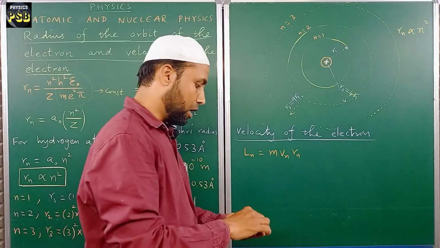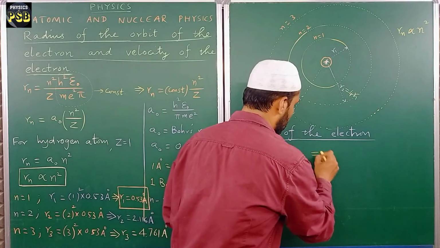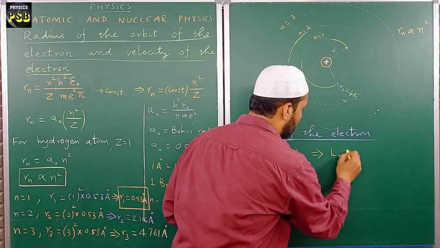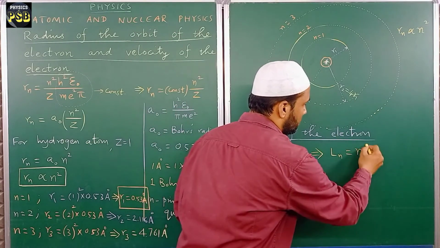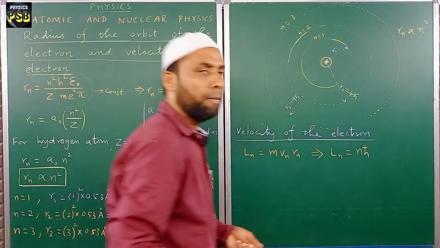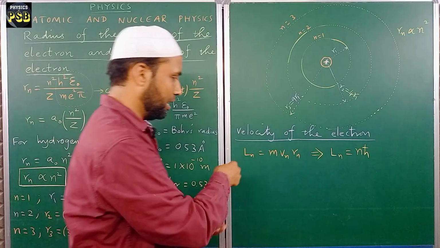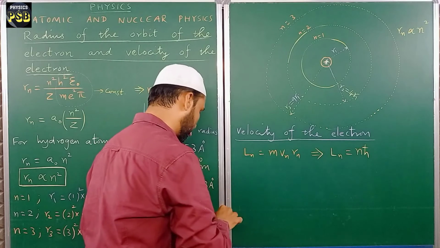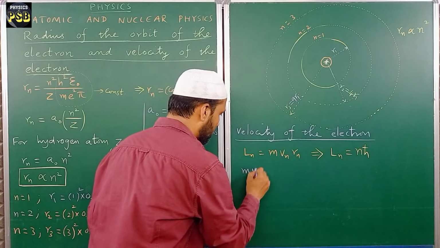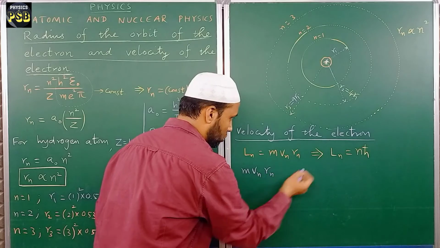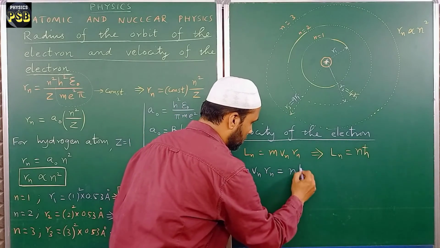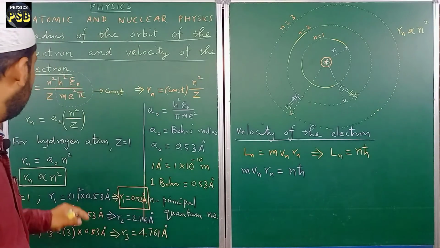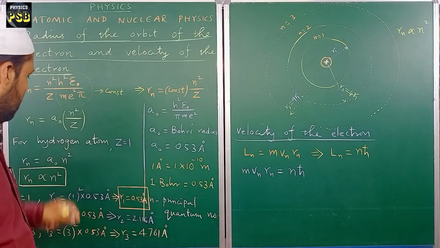Okay. According to Bohr's angular momentum quantization condition, angular momentum is equal to n h bar or n h cross. Okay, already we have discussed that. So by comparing these two, what do I get? I get this: m vn rn equals n h bar or n h cross. Okay, so here I am going to substitute the value of rn from this equation.